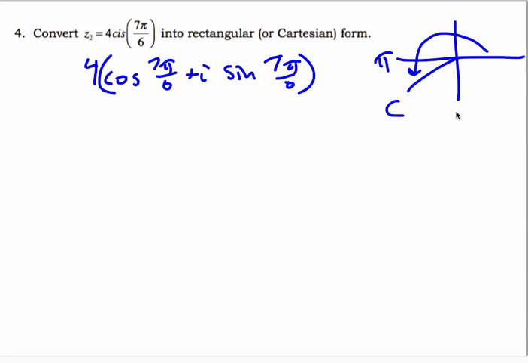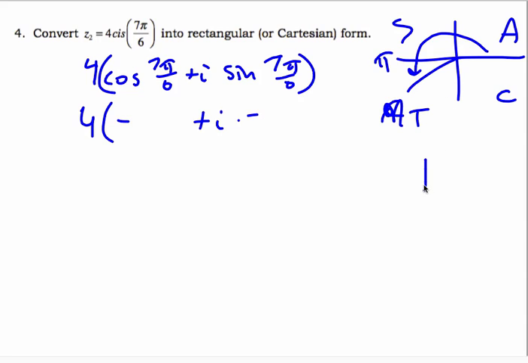And let's do the CAST. So cosine and sine are negative here, so we're going to get negative numbers for both of those. Let's draw the triangle for pi over 6.